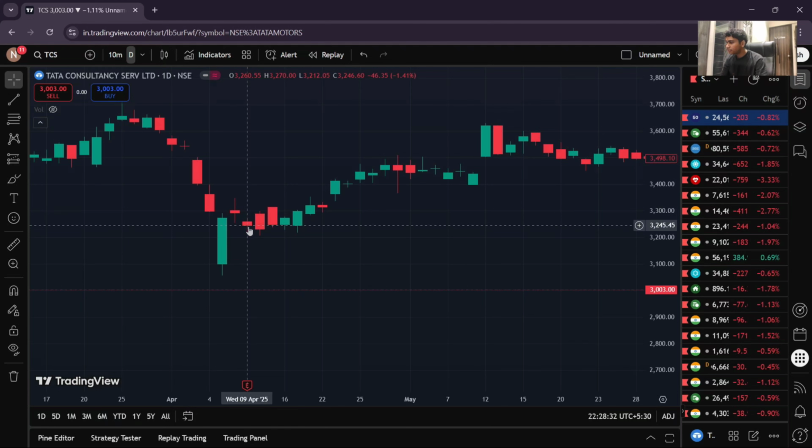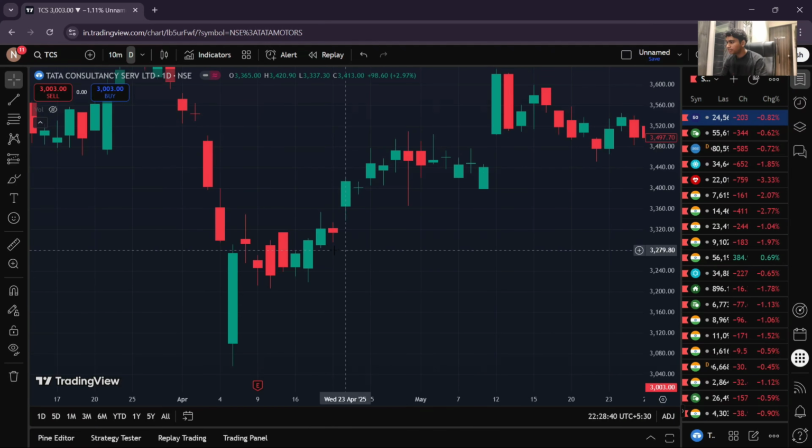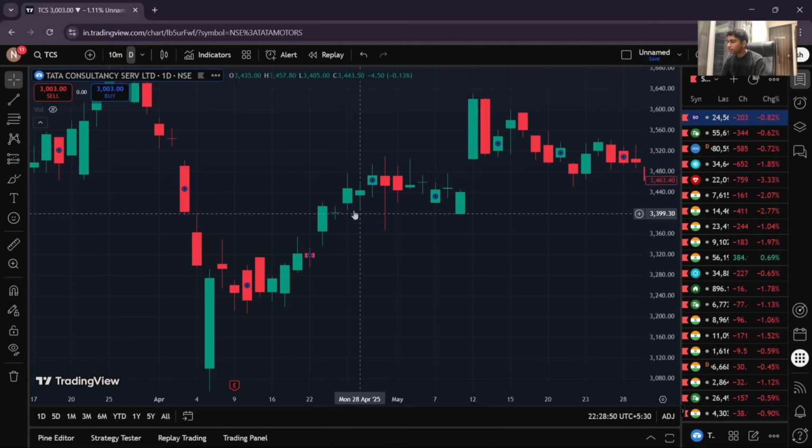Again red, again red, start, end, start, end, green, start, end, red, start, end, green, started at bottom, ended at high. This is a very small candle, leave it. Then this is green, started over here, ended over here.